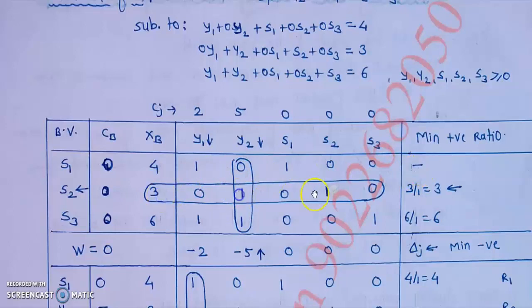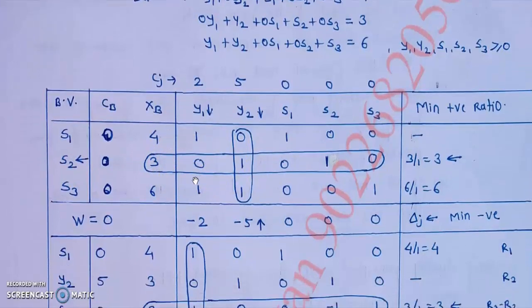Then 3 upon 1 gives us 3, 6 upon 1 gives us 6. We put a dash for infinity and negative values, as we want only positive ratios. So the minimum of these is 3, and corresponding to 3 we have the s2 element, so s2 will be the leaving element and y2 will take the place of s2, and the corresponding row is the key row. Therefore we can proceed further.